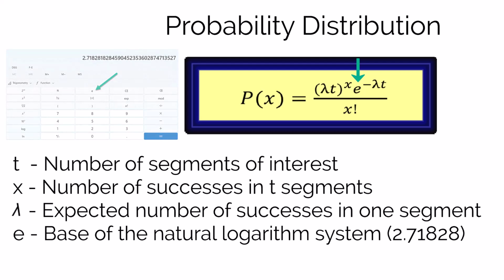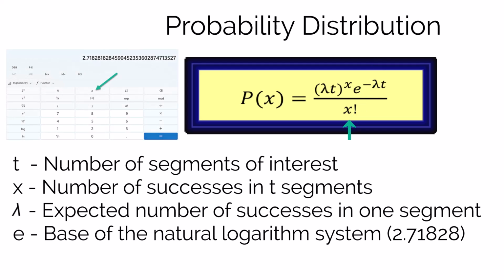Now, our natural log that we're using with E is also the exponent in this case. So you'll notice it's a negative lambda times T. You will take the lambda T value, make it negative, and then use that as an exponent. When we multiply this across, we'll divide it by the x factorial.